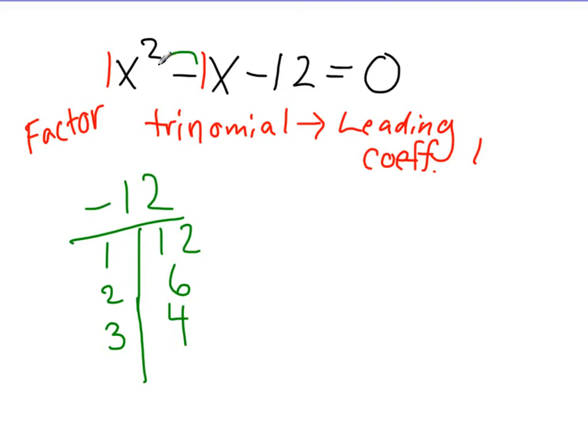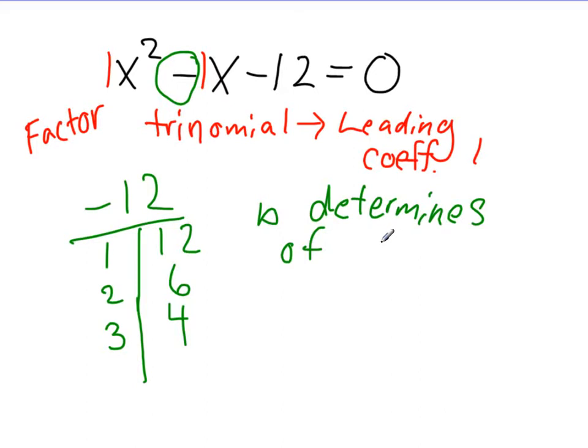So I got to look at the B term to determine my sign. It's a negative. Okay, that's nice. What does it mean? Well, the B term determines the sign of the larger factor.